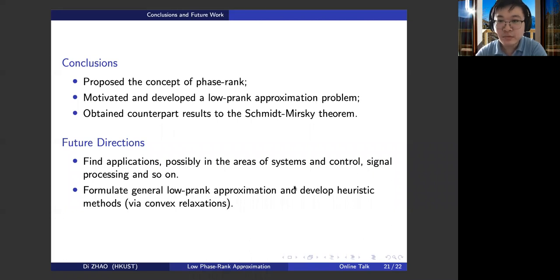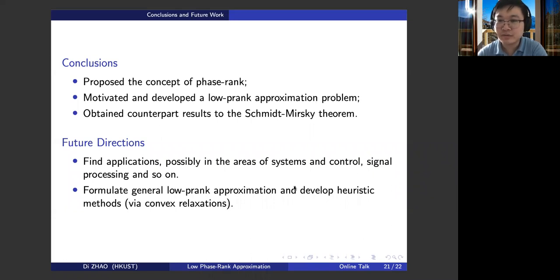Then we may find some applications that desire this positive definiteness in this discretized way. So it may allow some phases to be non-zero, but it hopes most of its phases to be 0. So we are trying to discover some applications in this way.